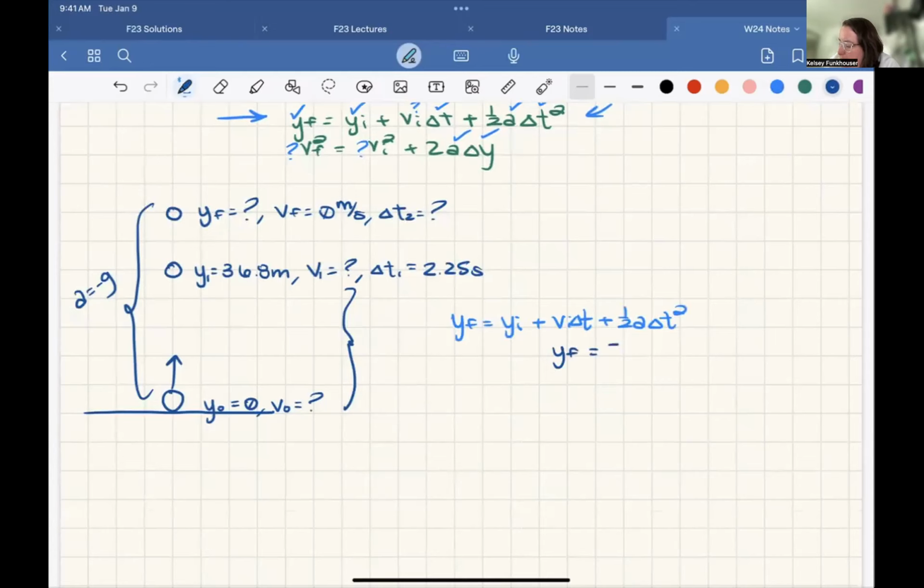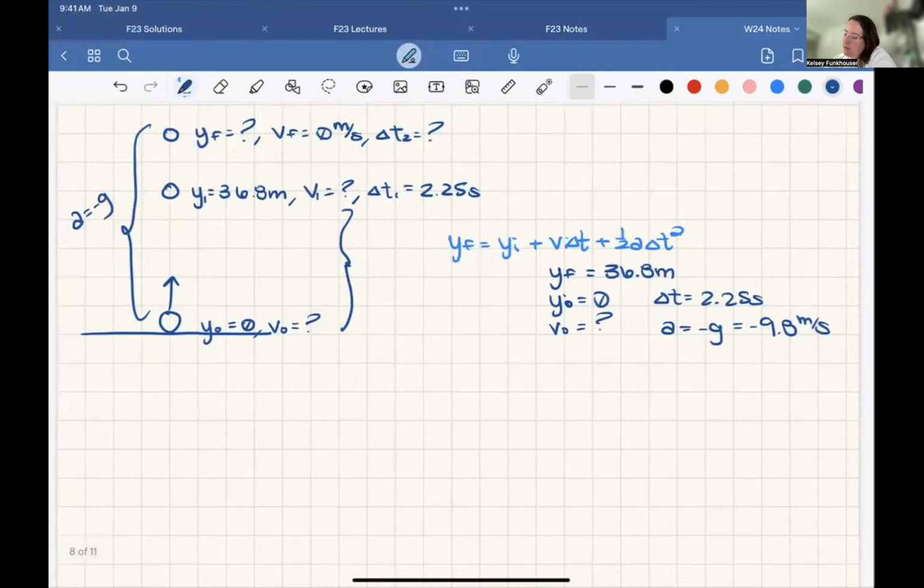So y final is that 36.8 meters. Y initial is 0. V initial, I'll write as v naught so we're consistent, we don't know. Time interval is 2.25 seconds, and acceleration is negative g, or negative 9.8.